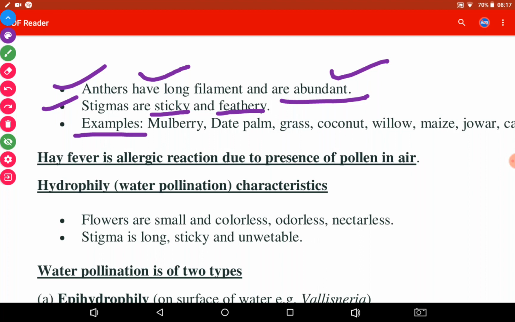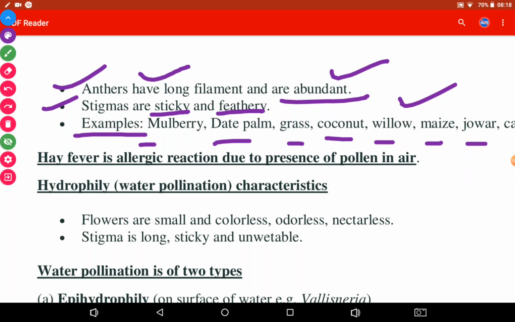These are the examples: mulberry, date palm, grass, coconut, willow, maize. Most of the members of the Gramineae family belong to such kind of flowers pollinated by wind. Okay, so this is about this.